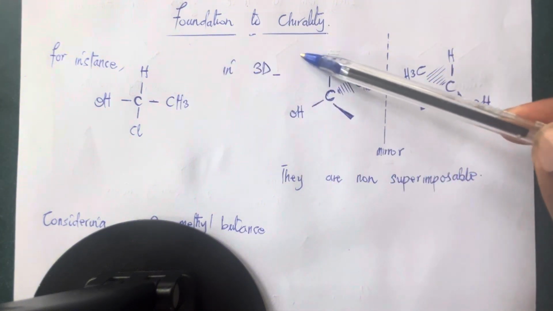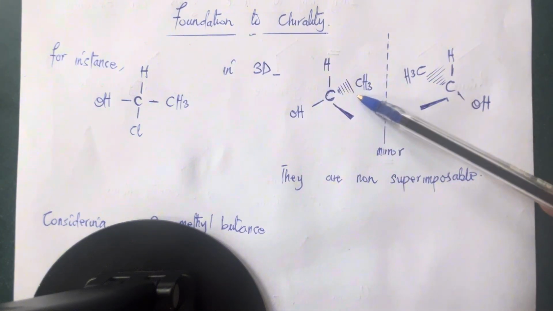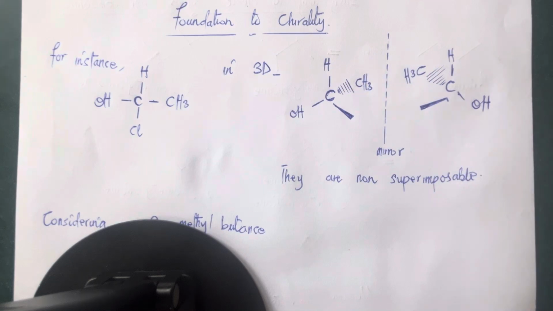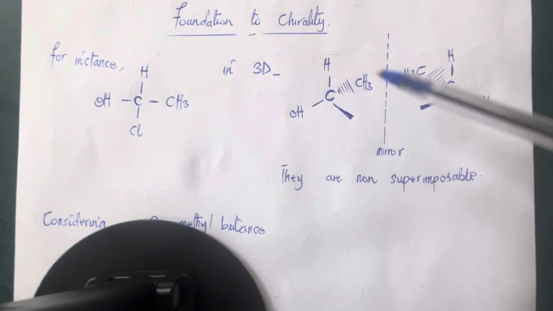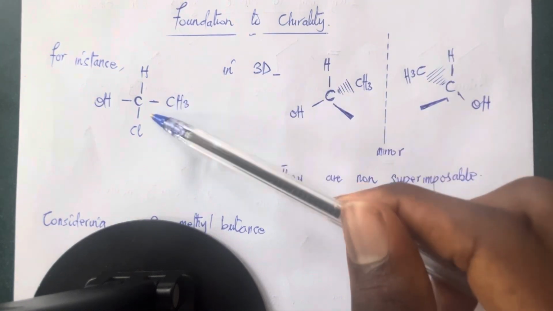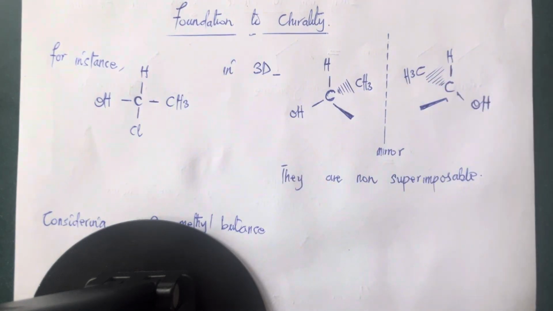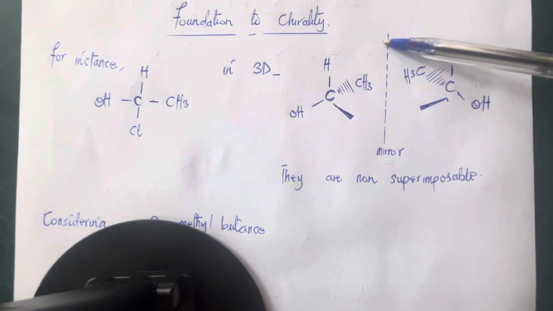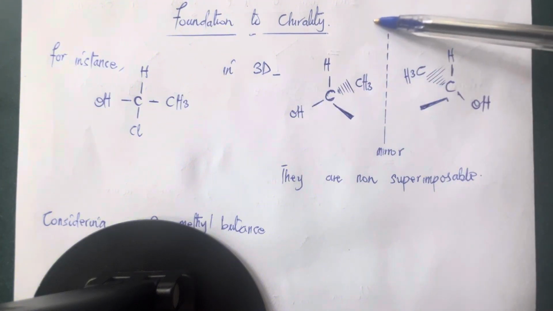now you can decide to draw it in a 3D form using a dash wedge presentation. You can use this dash wedge presentation to draw this compound in a 3D form. That will make you understand it very well. Now, as you are seeing, something like this is a mirror. You have your compound here, and you put a mirror.